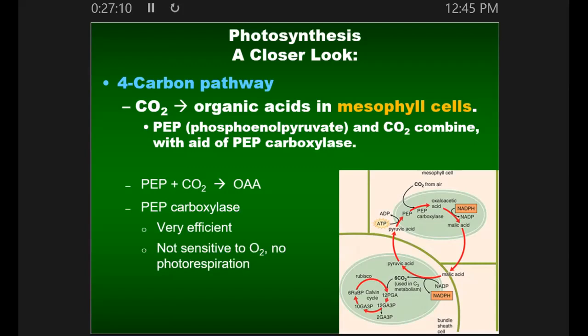So when you look at these C4 plants, they suppress very nicely the photorespiration process, the PCO cycle. That hardly ever happens in C4 plants. It's got to be really, really extreme conditions for them to kick into that. So C4 plants just pretty much have figured out a way through this pathway, through this cycle, to greatly reduce the PCO cycle.